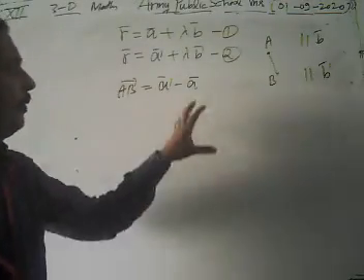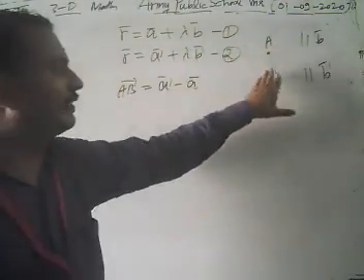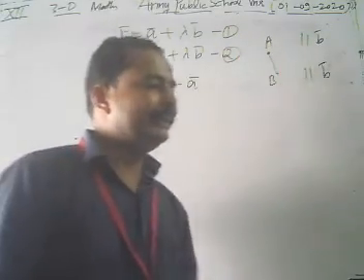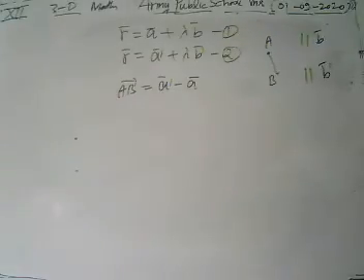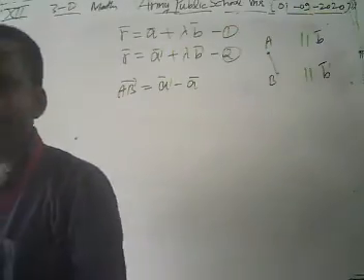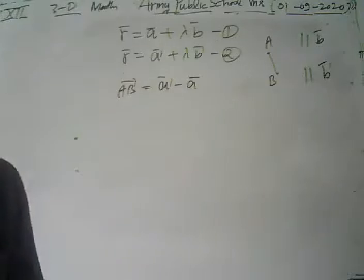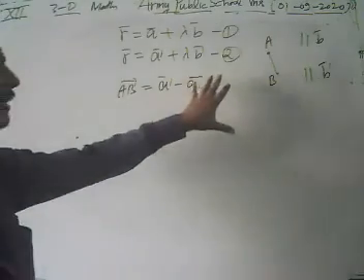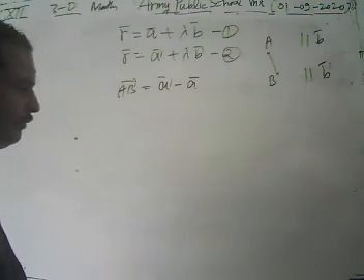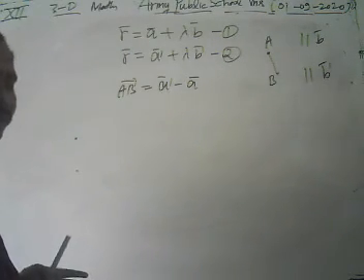Now look, if this vector AB and these parallel lines are coplanar, then what would happen? If vector AB and B' are coplanar, then we have discussed the conditions of coplanarity.